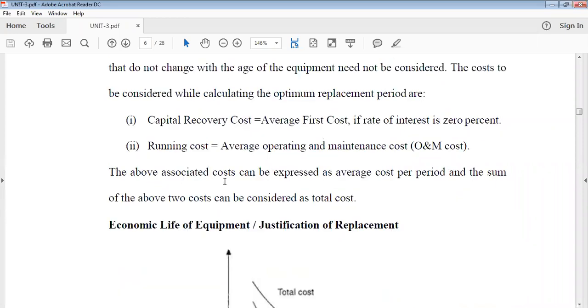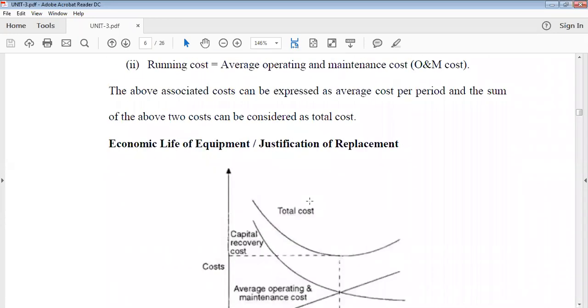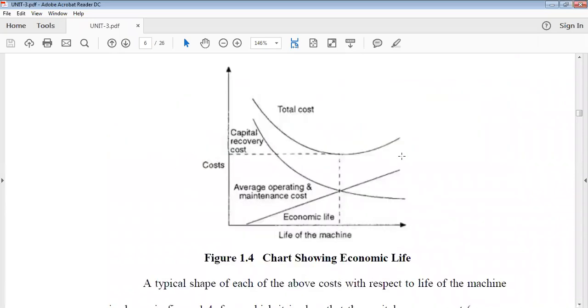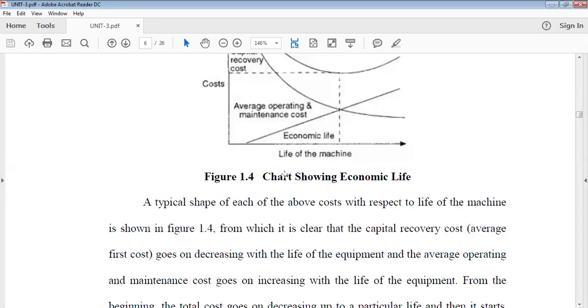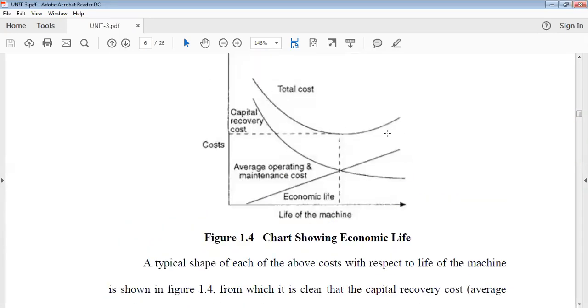The above associated costs can be expressed as average cost per period, and the sum of the above two costs can be considered as total cost. Economic life of equipment, justification of replacement. Chart showing economic life. So generally this is total cost, occupying the top line.